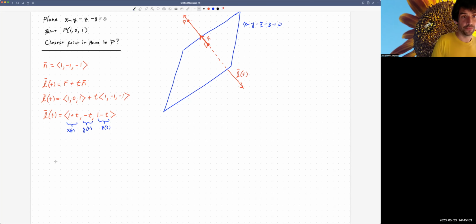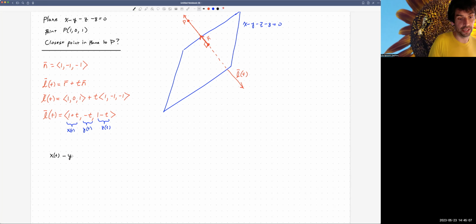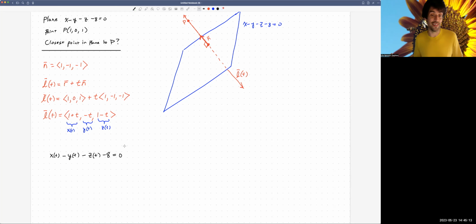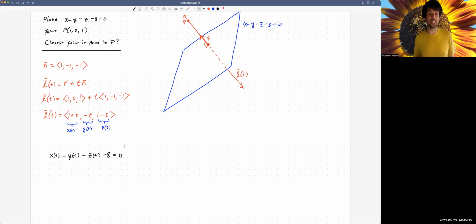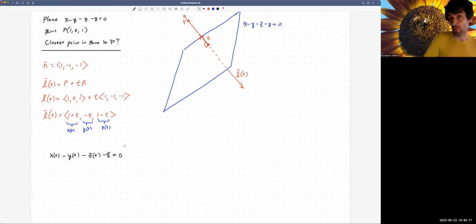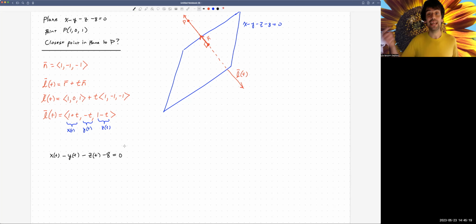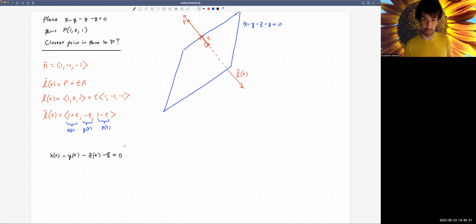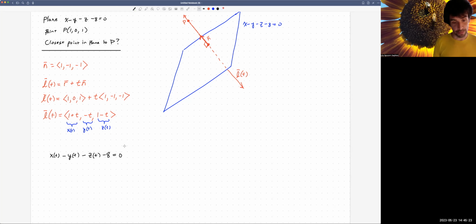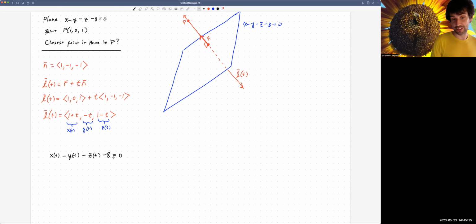In other words, we would need to have x of t minus y of t minus z of t minus 8 equals 0. When that's true, whatever t value makes this true, then the point that's being spit out is on the plane. Since it's on this line, it's perpendicular to the point P, which means it's the point we're looking for. So let's solve this equation.